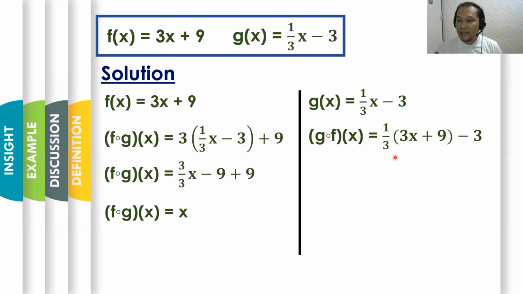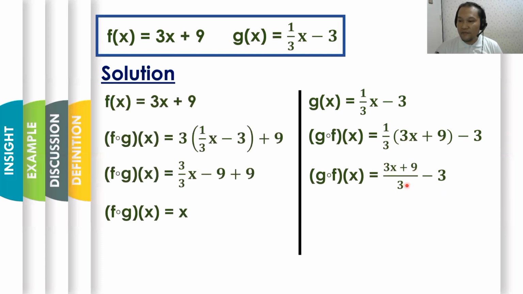And then applying the distributive property, we have 1/3 times 3x, that will be 3 over 3 x, and 1/3 times 9, that will be 9 over 3, minus 3. Therefore, we have 3x plus 9 all over 3, minus 3.